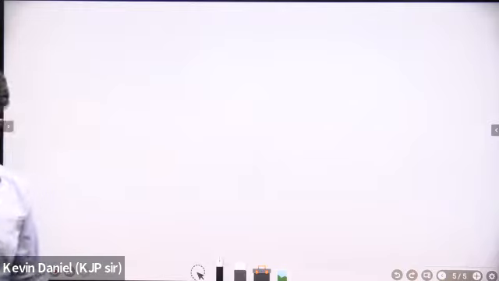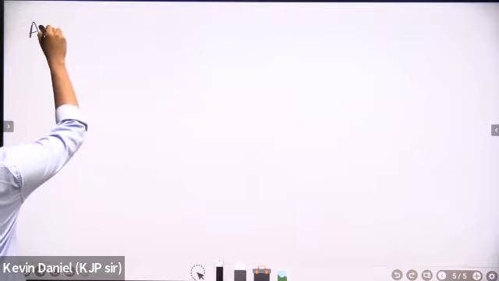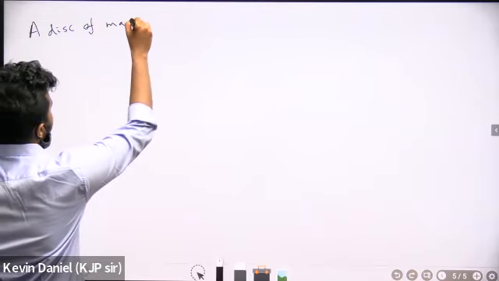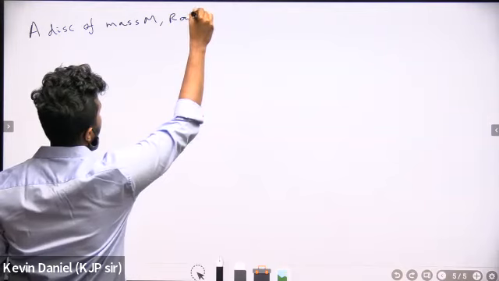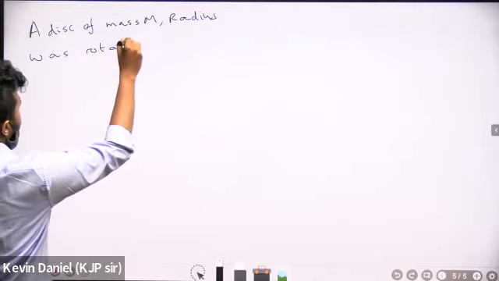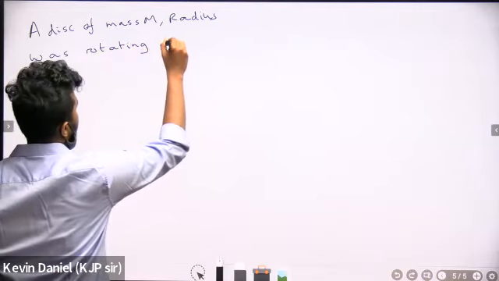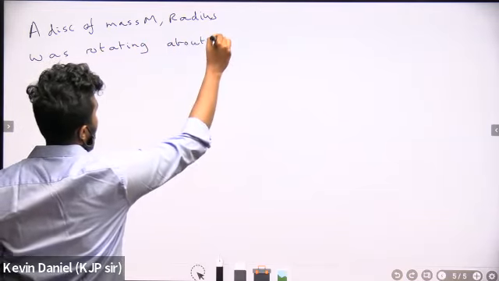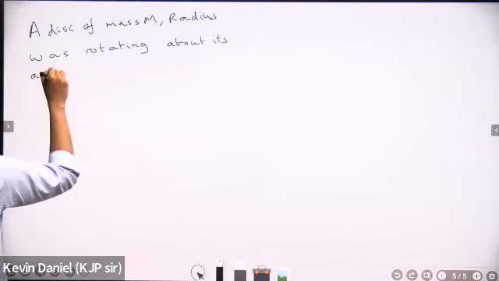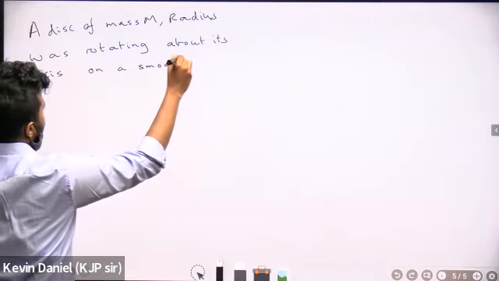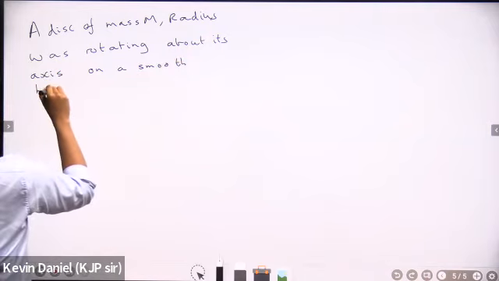So let's do an example. Let's say कि see a disk of mass m, radius r, was rotating about its axis on a smooth horizontal surface.